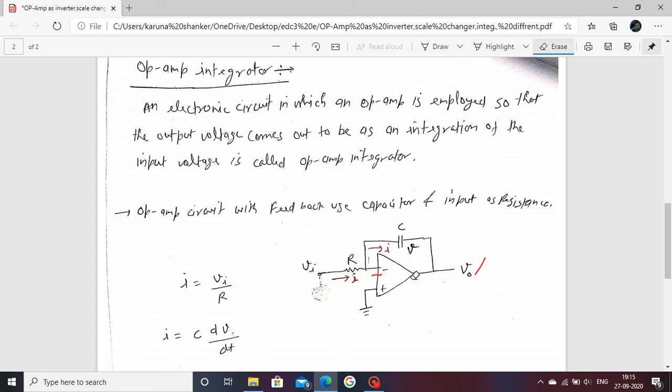Now we derive this relation. Here I is equal to Vi upon R. This current also flows through the capacitor.